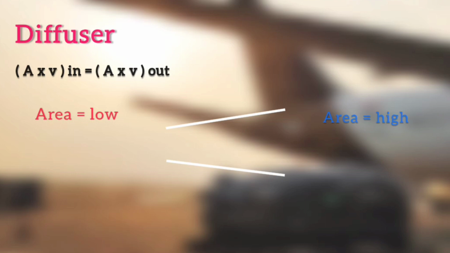As said before, the mass flow rate plays a major role here. Since we are equating the mass flow rate on either side, we are left with area times velocity at inlet equal to area times velocity at outlet. Since the diffuser has a shape in which the area at the inlet is low and the area at the outlet is high, the velocity at the inlet must be higher and the velocity at the outlet must be lower.